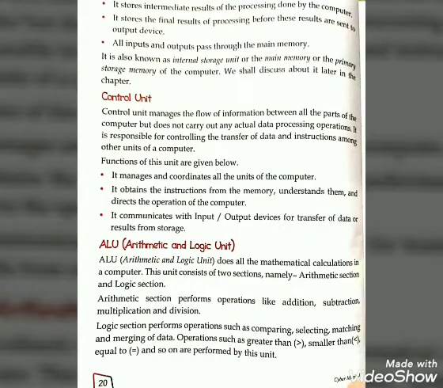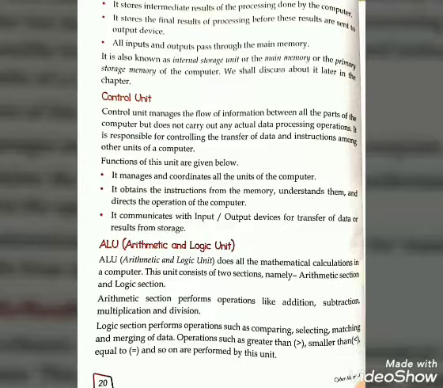Control unit manages the flow of information between all the parts of the computer but does not carry out any actual data processing operations. It is responsible for controlling the transfer of data and instructions among other units of a computer. So here you know that control unit manages the flow of information.